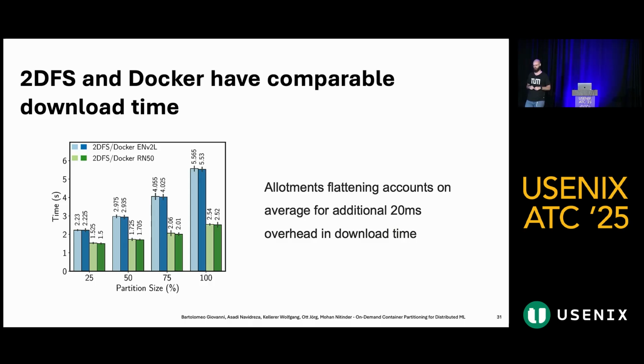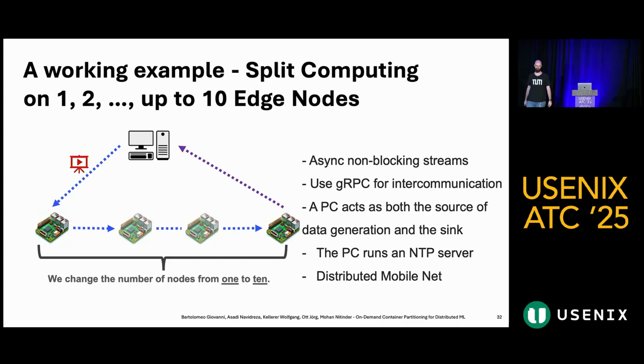And this comes at the cost of 20 milliseconds overhead from what we measured. There is also some CPU and memory overhead. For that, take a look at the paper. But yeah, this doesn't come for free. On the other hand, the download time is already in the order of seconds, so 20 milliseconds, in most cases, may be something worth paying for.